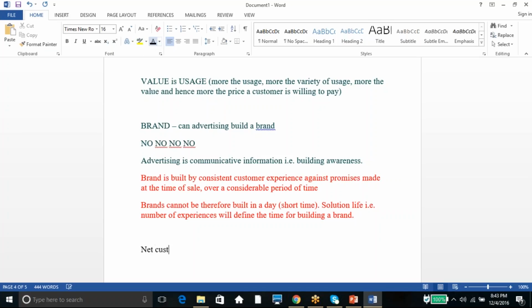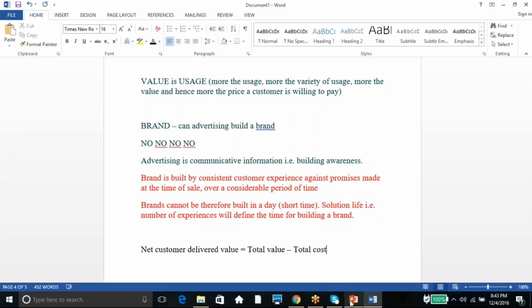Net customer delivered value is equal to total value minus total cost.